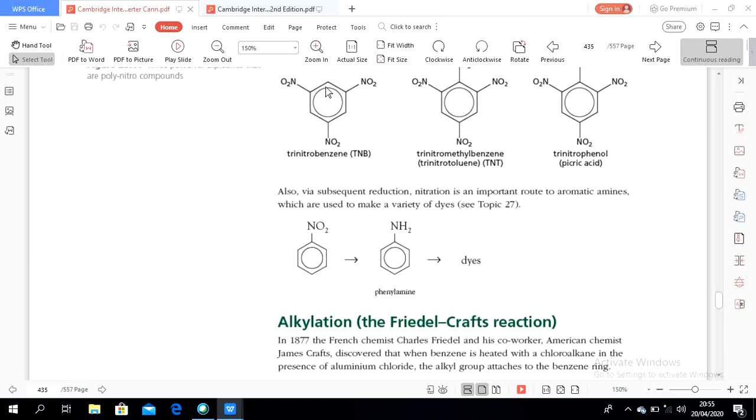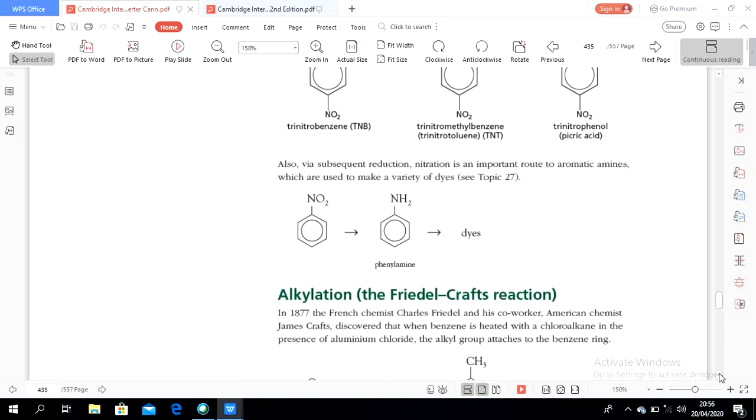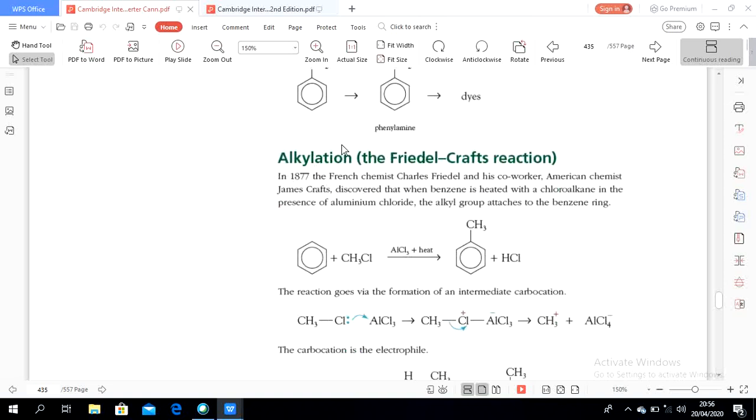In this one, how can we determine which one is position number 1? We know this is 1, 2, 3, 4, 5. And then this one will become dyes. Tomorrow I'm going to explain again the third part of the substitution in the benzene molecule. It is alkylation.